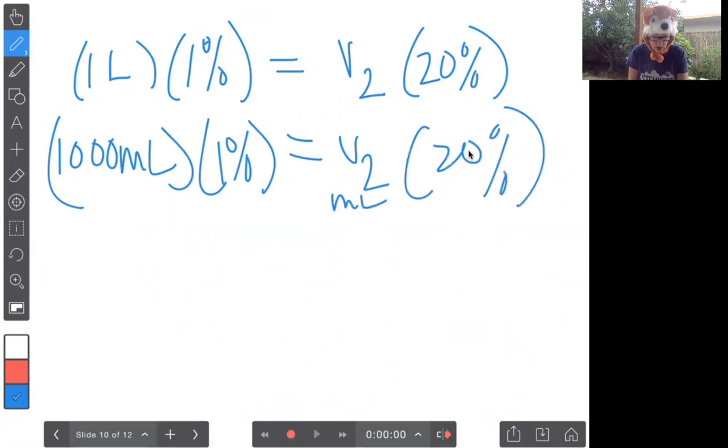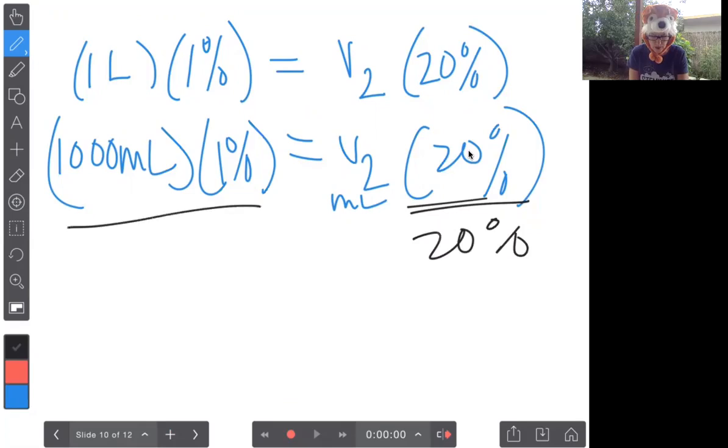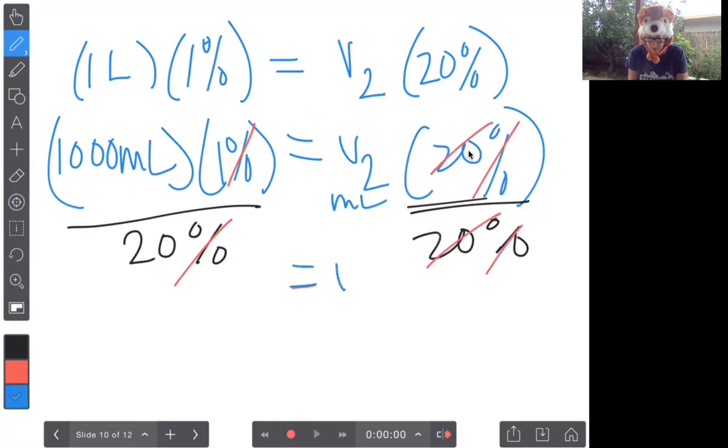And so what do we do? How do we get rid of that stuff? Divide both sides by 20%. Percents cancel. This ends up being V2 in mils times 1 over... 1,000 divided by 20.